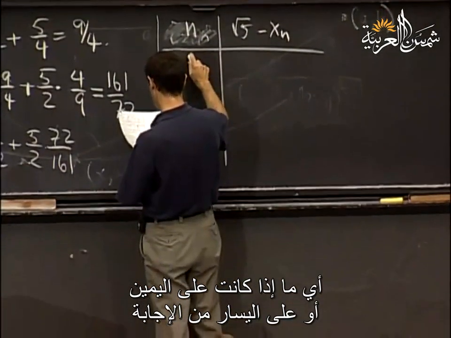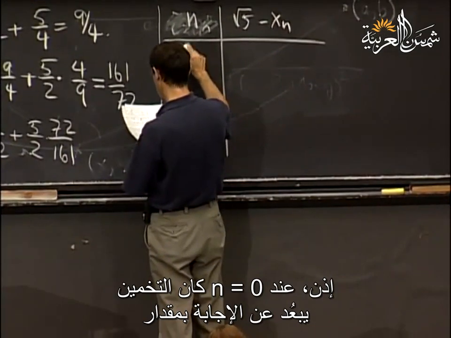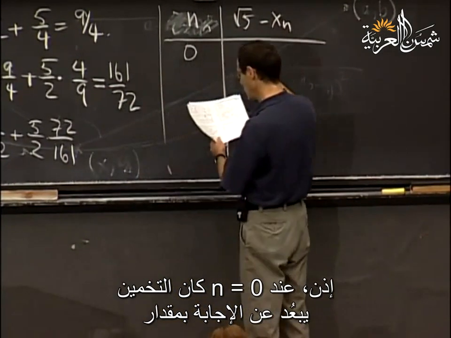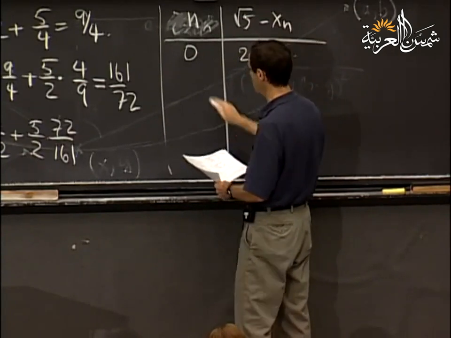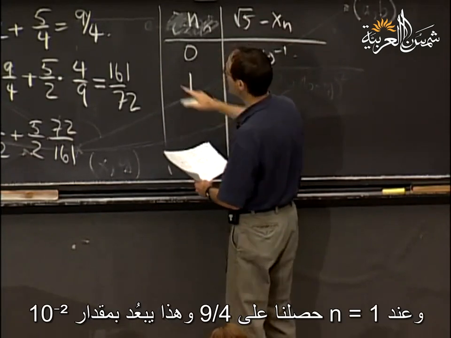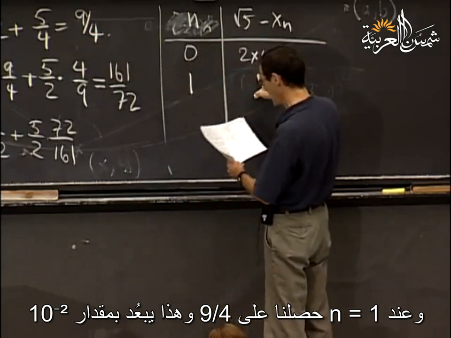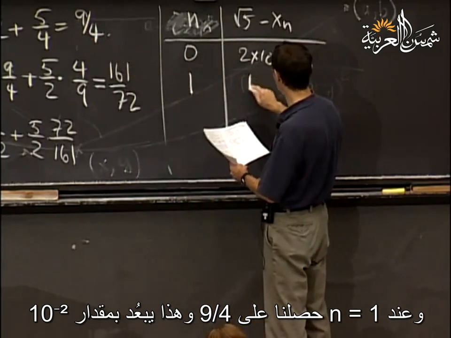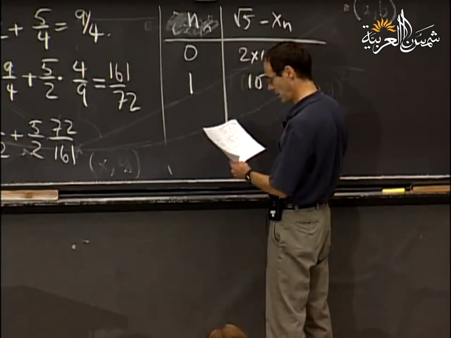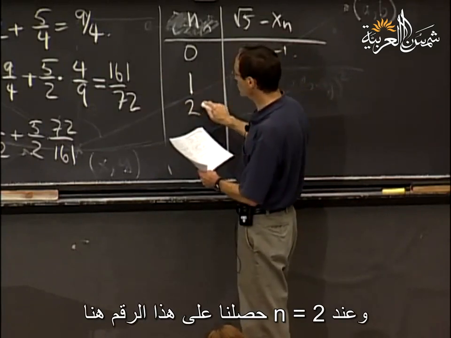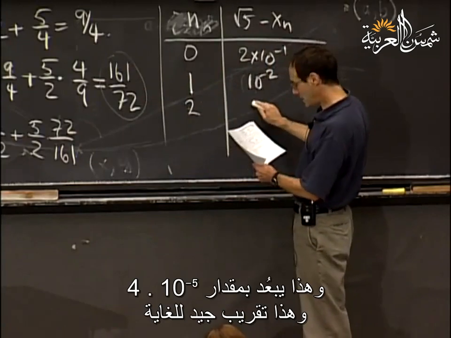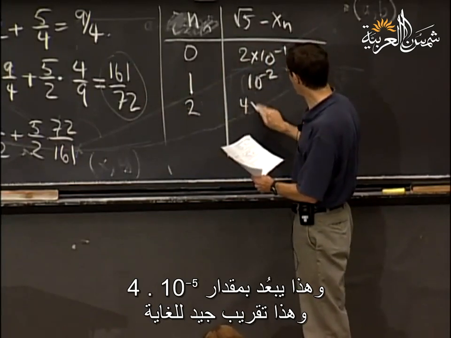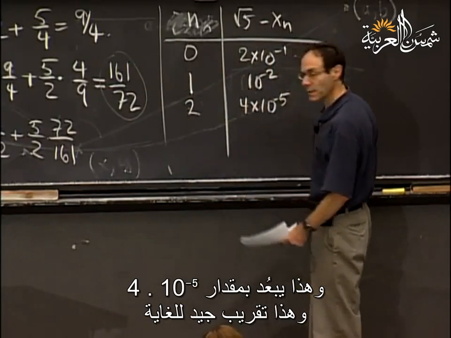But let's do this. When n is equal to 0, the guess was 2, and we're off by about 2 times 10 to the minus 1. If n is 1, that's this 9 fourths, that's off by about 10 to the minus 2. And then n is equal to 2, that's this number here, and that's off by about 4 times 10 to the minus 5th.